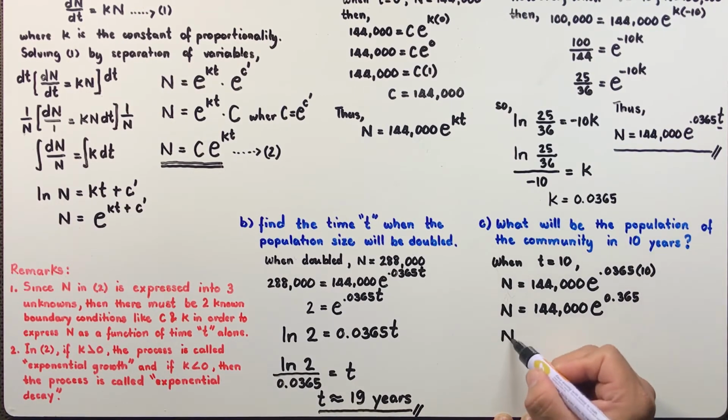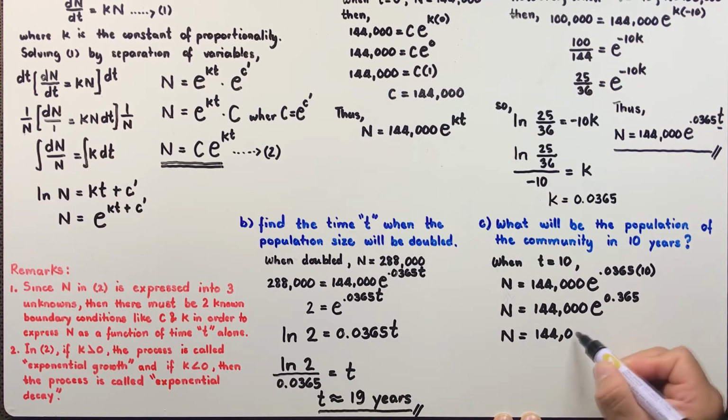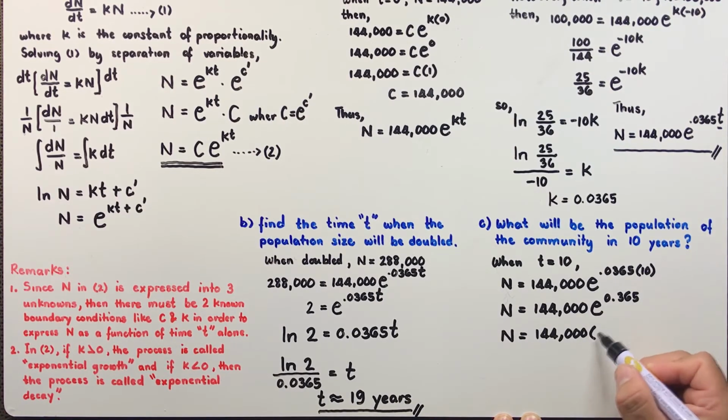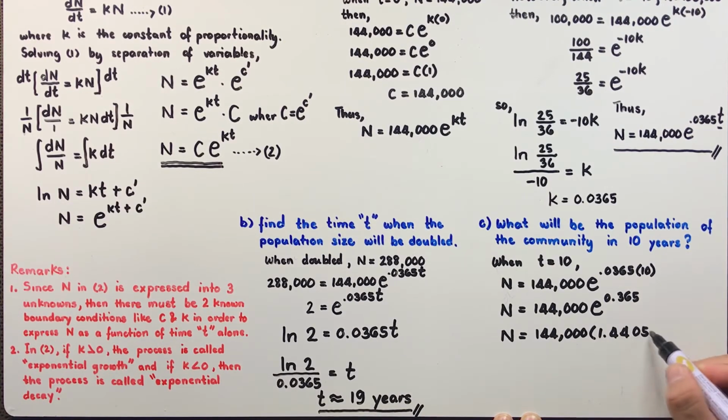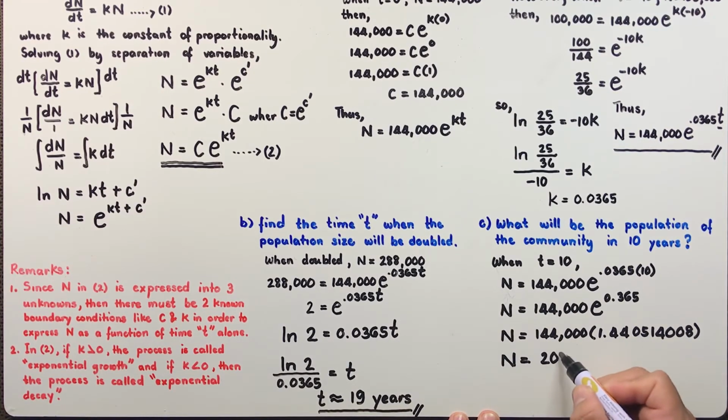And using your calculator, e to the power of 0.365 is equal to 1.440514008. And multiplying this to 144,000, we have 207,434. So this is our population size in 10 years to come.